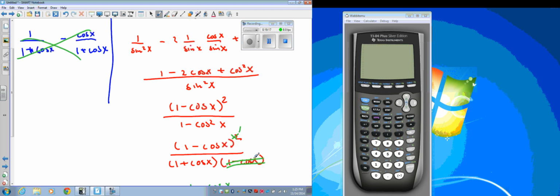Then there's cofunctions, and sine's cofunction is cosine. Cosine's cofunction is sine. And then secant and cosecant are cofunctions, tangent and cotangent are cofunctions. And what it is, if you have the sine of an angle, then it's equal to its cofunction of the complement. And the complement is what? 90 minus the angle.